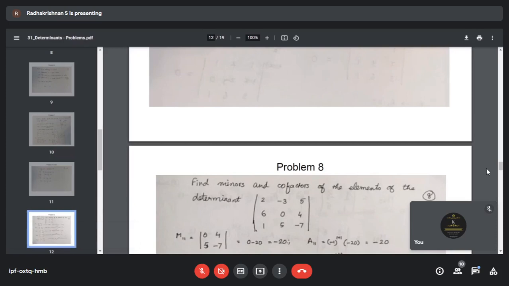So that is the minor, and the cofactor is minus 1 to the power of 1 plus 1 into minor, that is minus 1 to the power of 2 into minus 20. So minus 1 to the power of 2 is 1. So it is same as the minor, it is minus 20. It will go the same way for all of them.